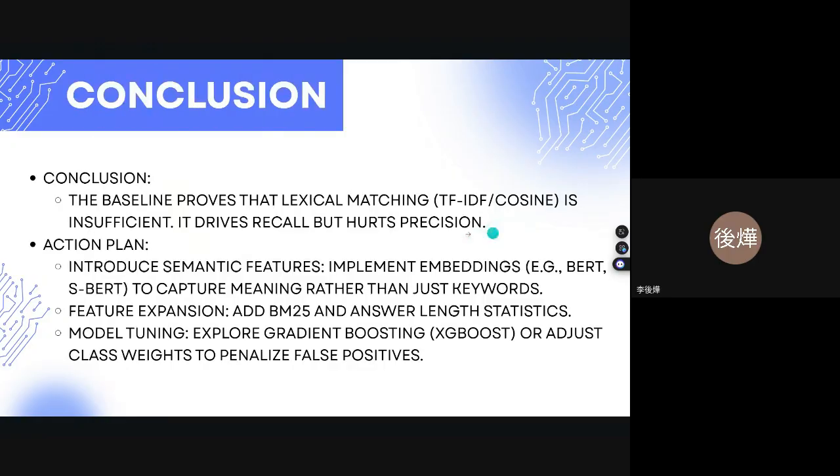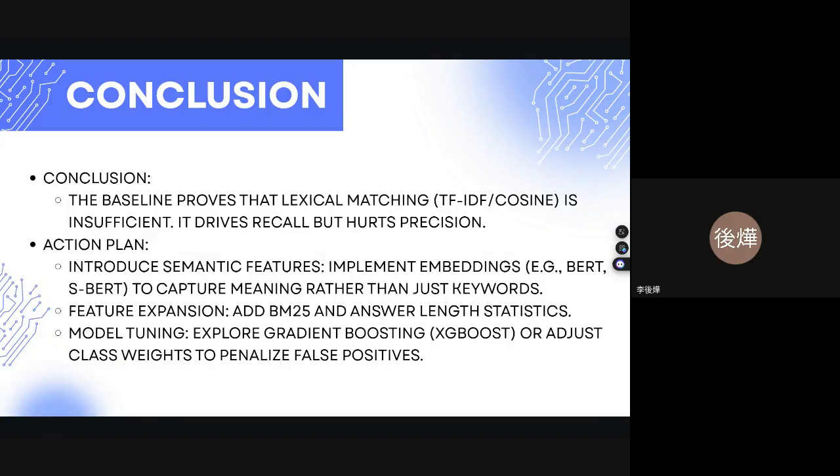Next page, please. We are going to the conclusion of my part. First, our baseline demonstrates the limitation of lexical matching. It creates high recall but low precision. Our immediate next step is to introduce semantic embeddings, such as BERT.